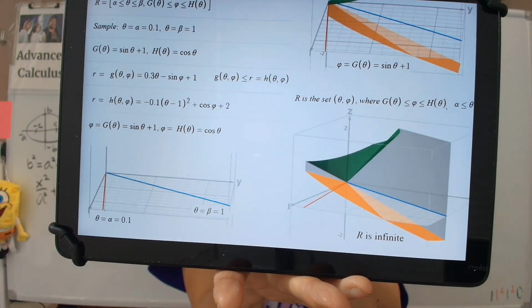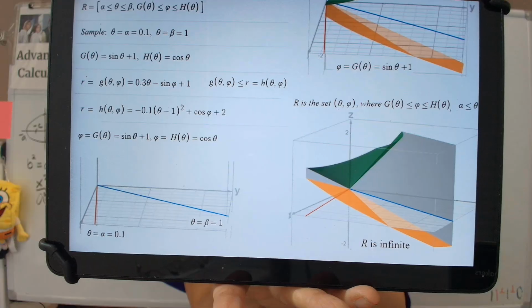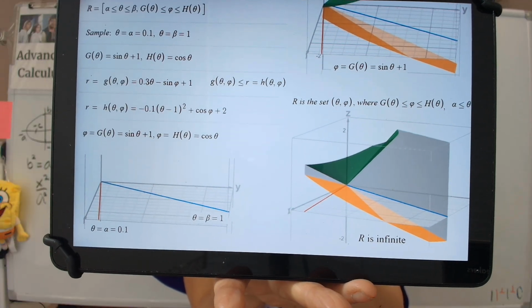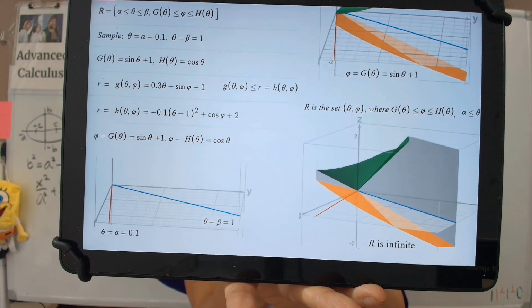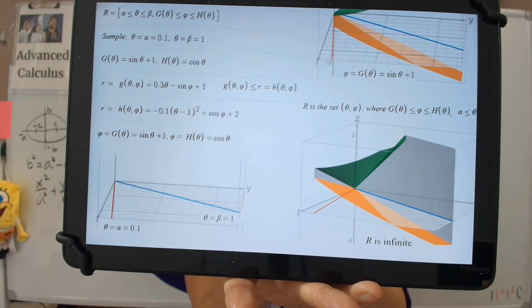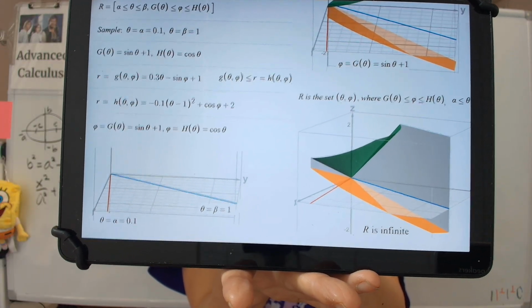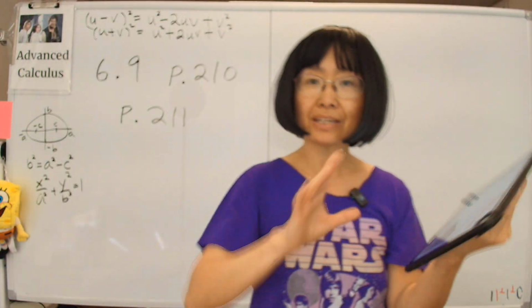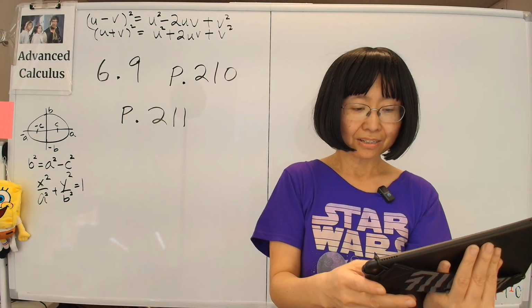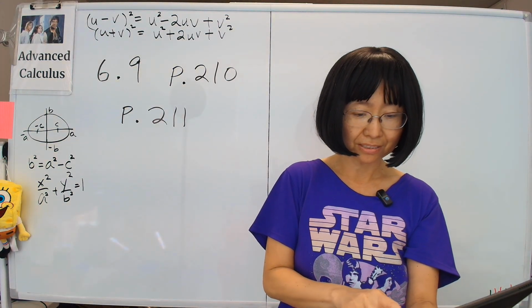It's an odd-looking thing, and it goes forever. My picture stops there, but it goes infinitely in that direction. The green surface will continue, and so will the orange and the gray surfaces. They all start at the origin, as you can see, but they go on indefinitely. So the entire R region just moves forward, and that is what's different about this system.